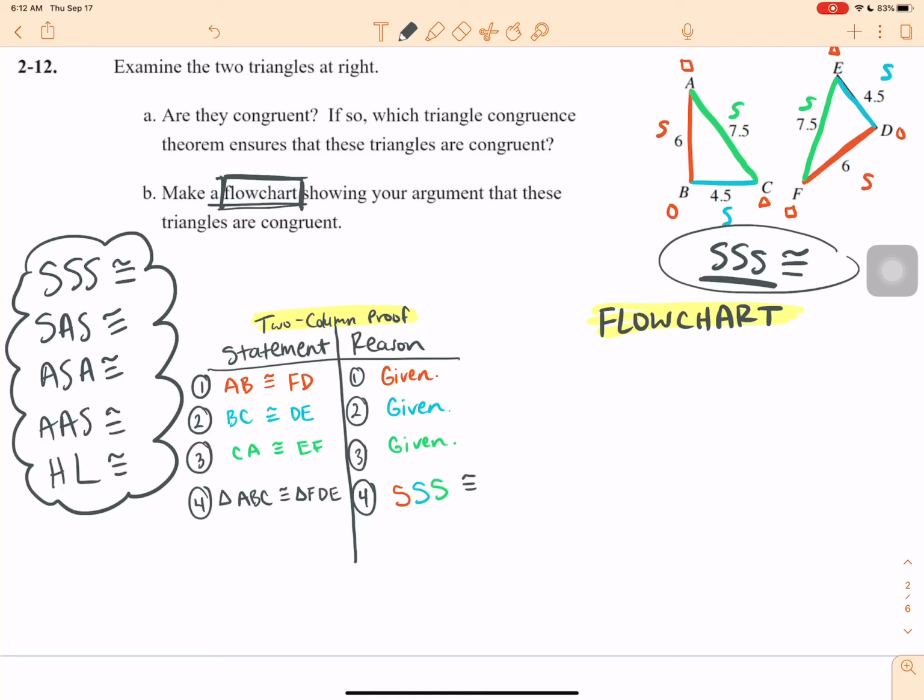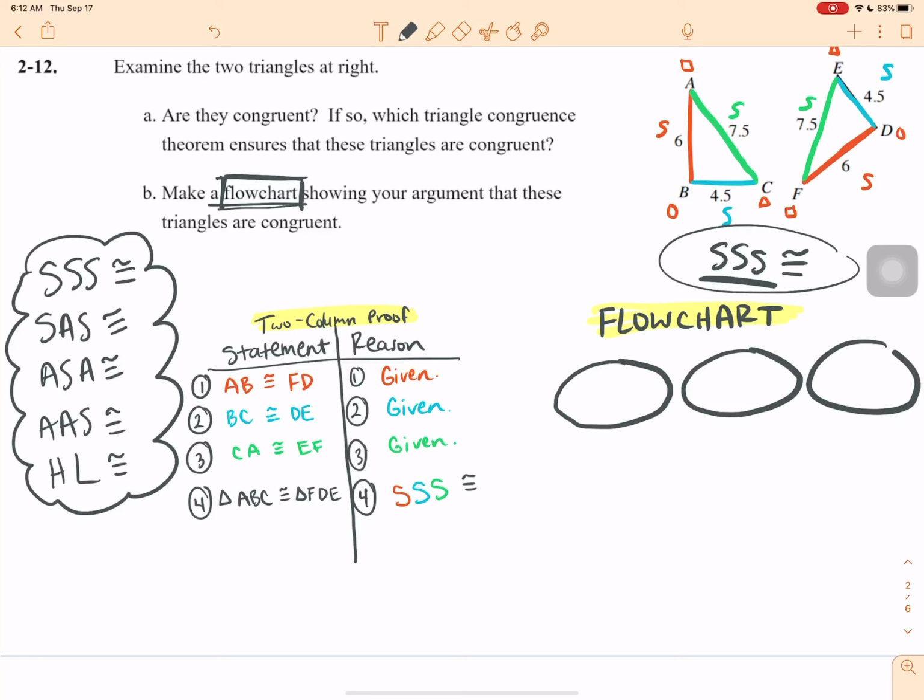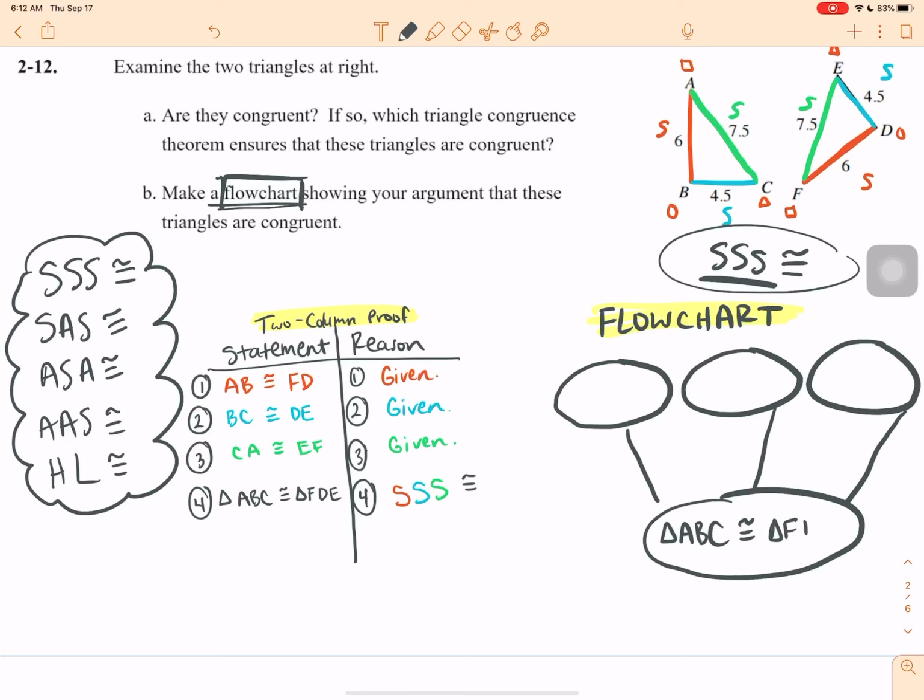But since we have 3 parts, I'm going to draw 1 bubble here, a bubble here, and a bubble here. And then all these bubbles are going to go down to prove to me that what we're trying to prove is that, again, triangle ABC is congruent to triangle FDE.